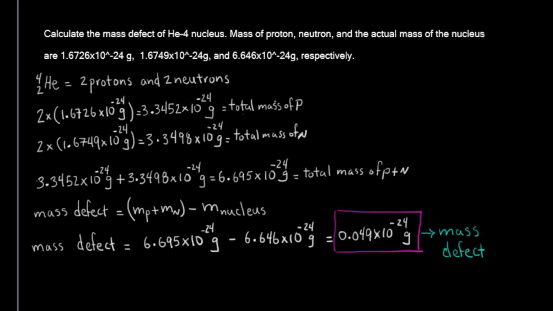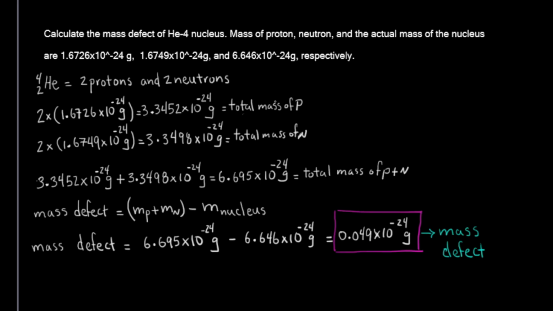Since the helium-4 nucleus is composed of 2 neutrons and 2 protons, we need to add the total masses of free protons and neutrons that we just obtained. After we sum the 2 masses, we get a value of 6.695 times 10 to the minus 24 grams. This is the total mass of free protons and neutrons.